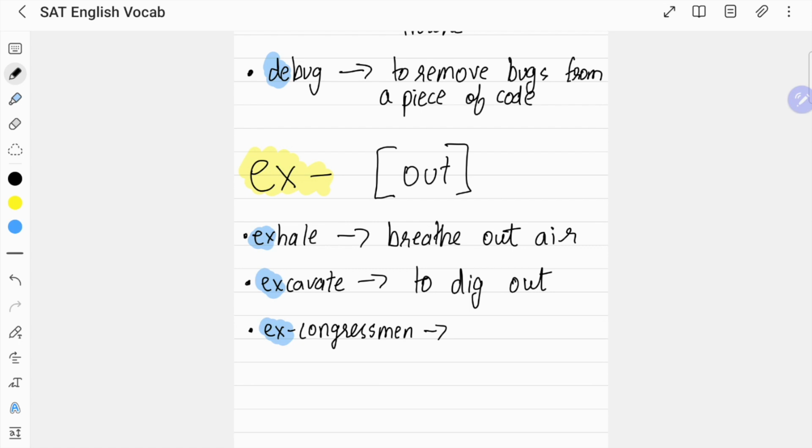Which means a congressman left or came out of Congress.